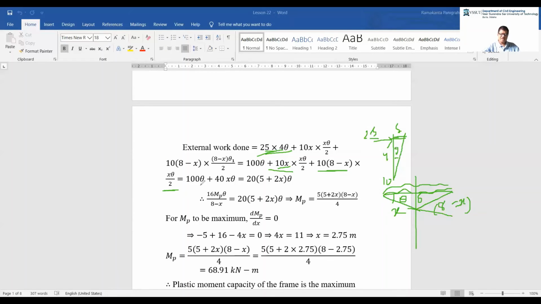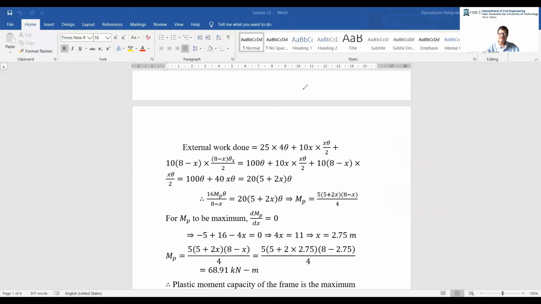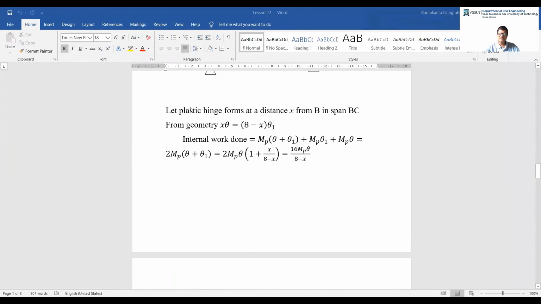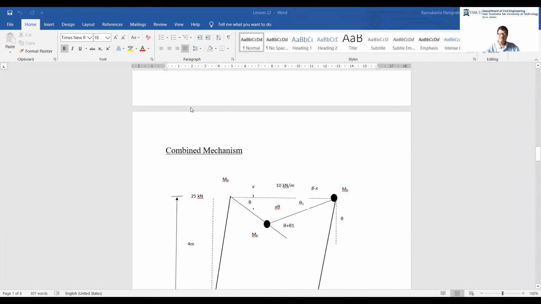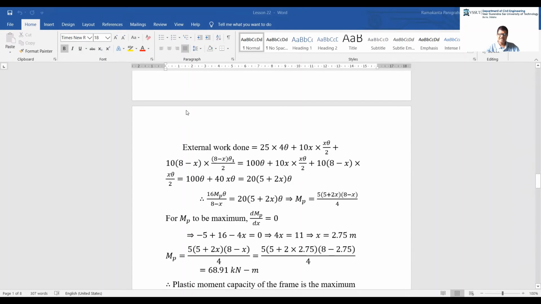With this you can find that the total values will come as 20 into 5 plus 2x into theta, that is 100. Take 20 common outside. We could have also taken it like this. What is the span given? The span is 8.